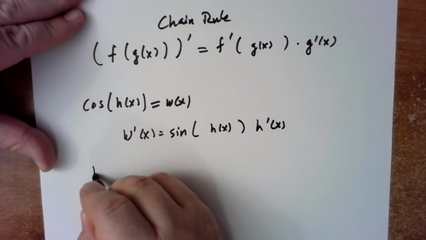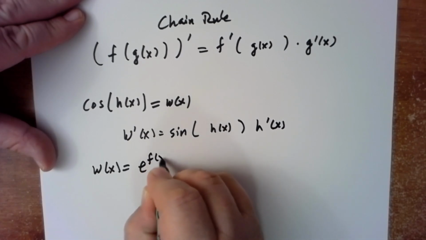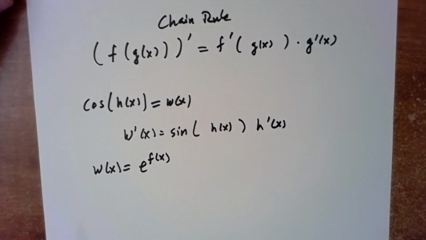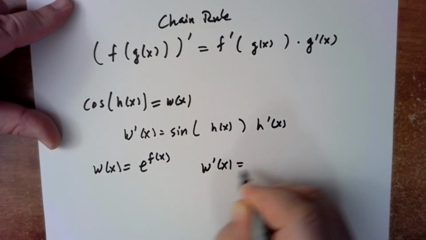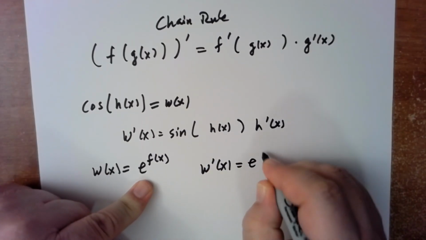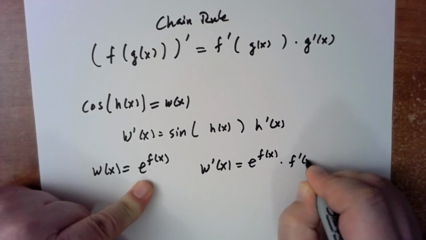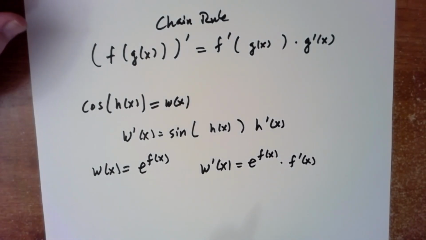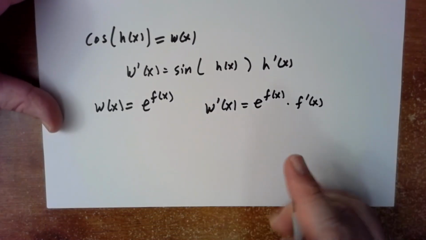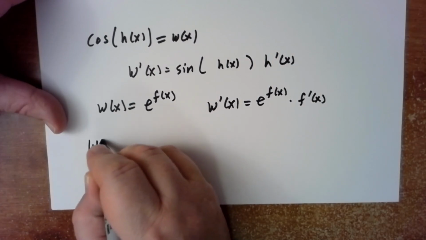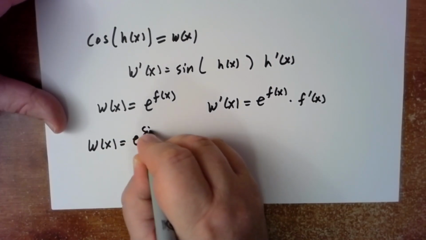Similarly, how about if w of x was something like e to the f of x power? Then w prime of x, right, would be your e to the f of x power times f prime of x. Good. So in particular, you might say, oh well, how about if w of x is equal to e to the sine of x?